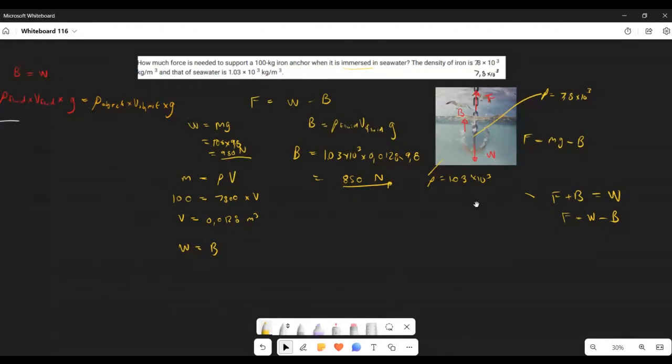When an object is floating, we make the forces equal to each other. It's like in equilibrium. In this case, it's not in equilibrium. I think the question would state whether it's floating or not. That's what I'm hoping for, at least.